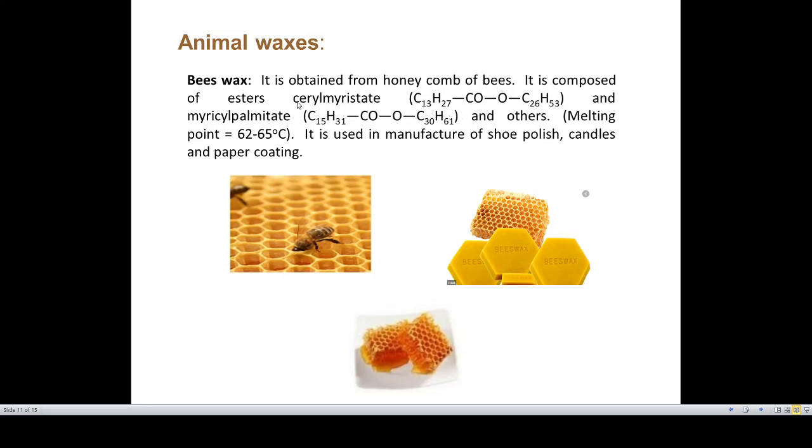The composition is myricyl palmitate and methyl palmitate. So it's a mixture, and the melting point varies anywhere between 62 to 65 degrees centigrade. This beeswax, which is obtained from the honeycomb, is used in the manufacture of shoe polish, candles and paper coating.